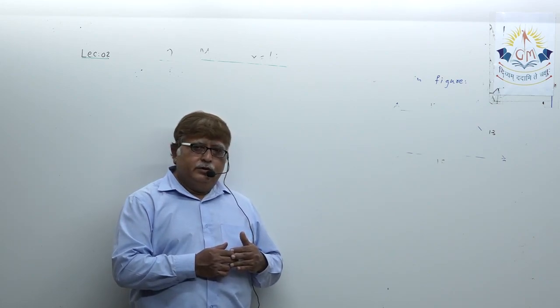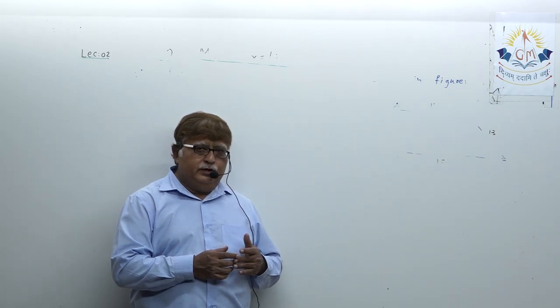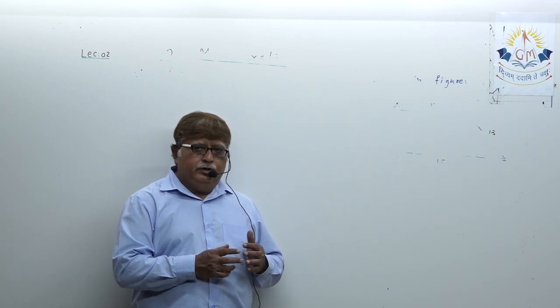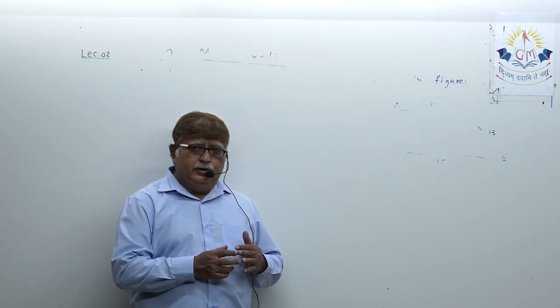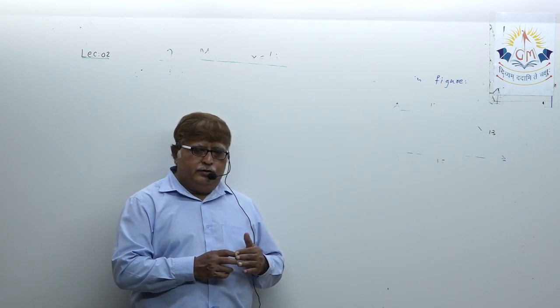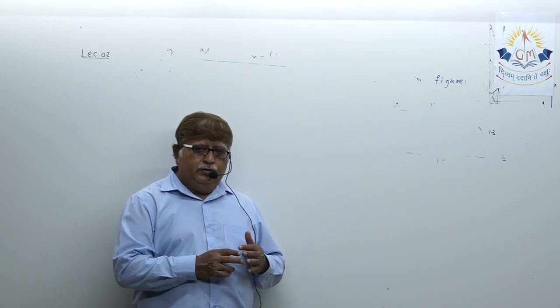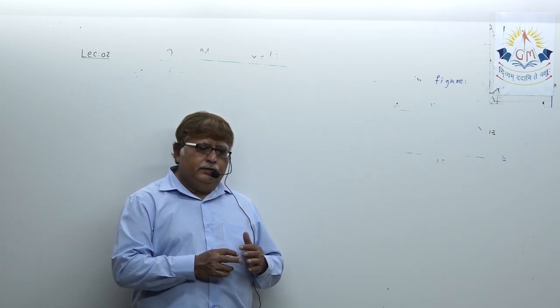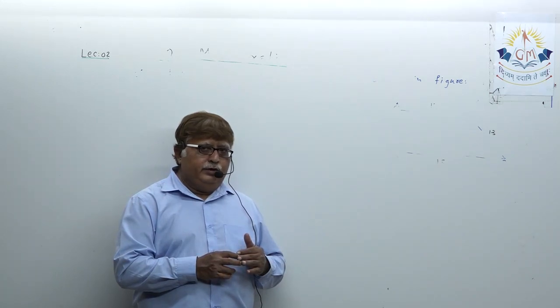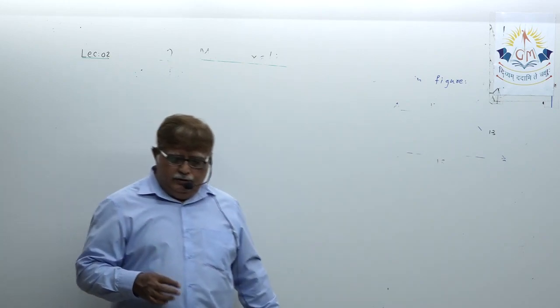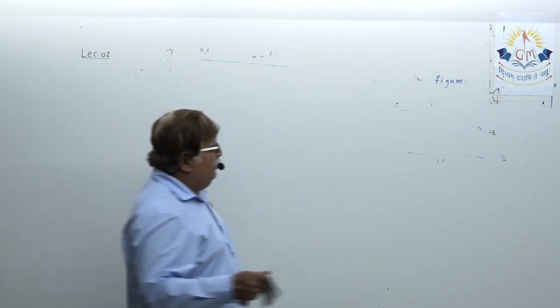If you want to find the area of any trapezium, you need to have the length of both the parallel sides and you need to know the distance between the two parallel sides. That is what we are targeting.